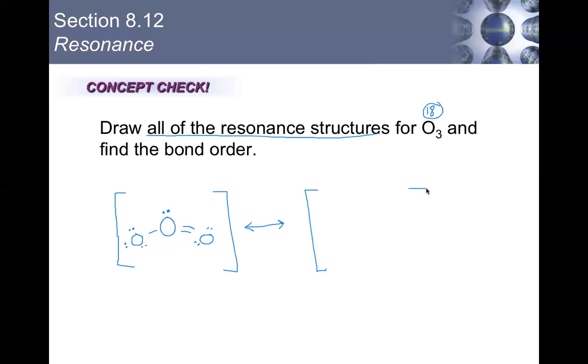And this time when I draw it, what do I need to do different? Do the double bond to the left. You would really just be flipping it. Yeah, you're just showing the double bond can be in this spot, or it can be in that spot. And then nothing else changes.